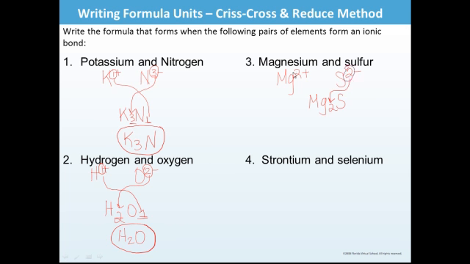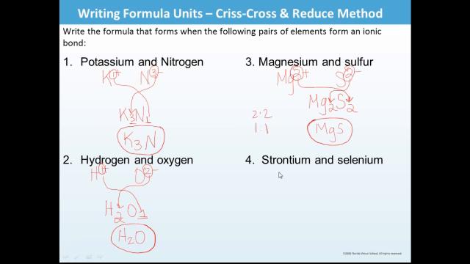I'm going to circle just the number. So just the number comes over. So crisscross, I get Mg2S2. Your subscripts, remember, lowest whole number ratio. 2 to 2 is the same thing as 1 to 1. Therefore, I can reduce it. And remember, we don't write the ones. So this is the formula, magnesium sulfide.